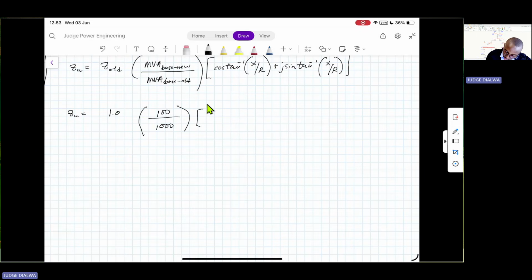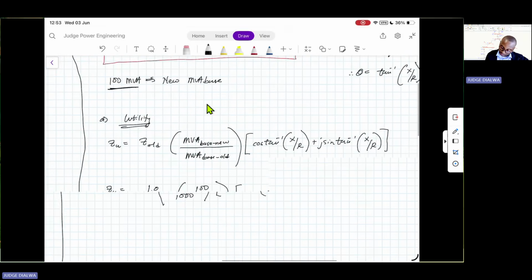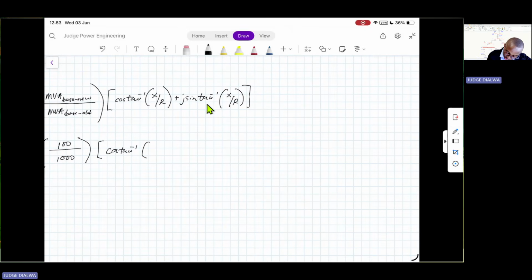And then going to our X over R ratio, the X over R ratio of our grid is 35. So that's cos arctan 35 plus j sine arctan, again the X over R of 35.